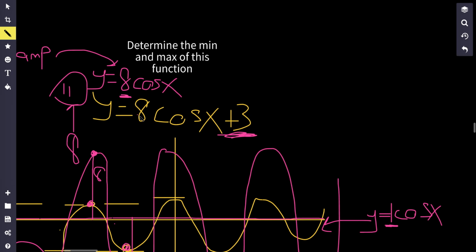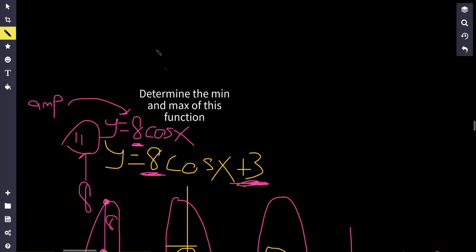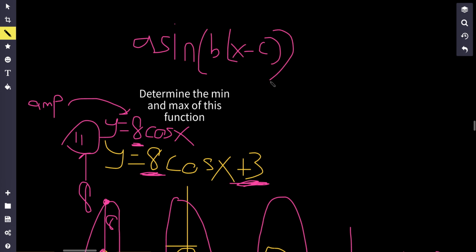So whenever you have a cosine function, or sine functions, this applies to both sine and cosine functions. But we said how it can be written in this form, right?